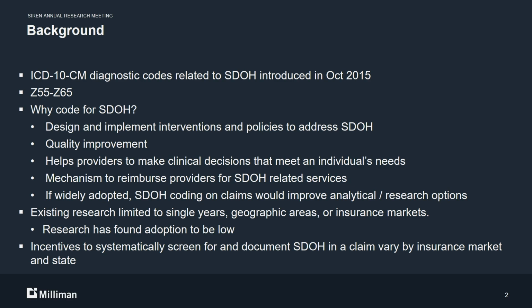But I think also, as you've been attending sessions throughout this conference, you've probably heard about all the things that have to happen to get to the point in which we would even be documenting a Z code in a claim. There needs to be a shared understanding of the screening process and the conversation. You have to have a successful screening process in which you're able to engage with the patient.